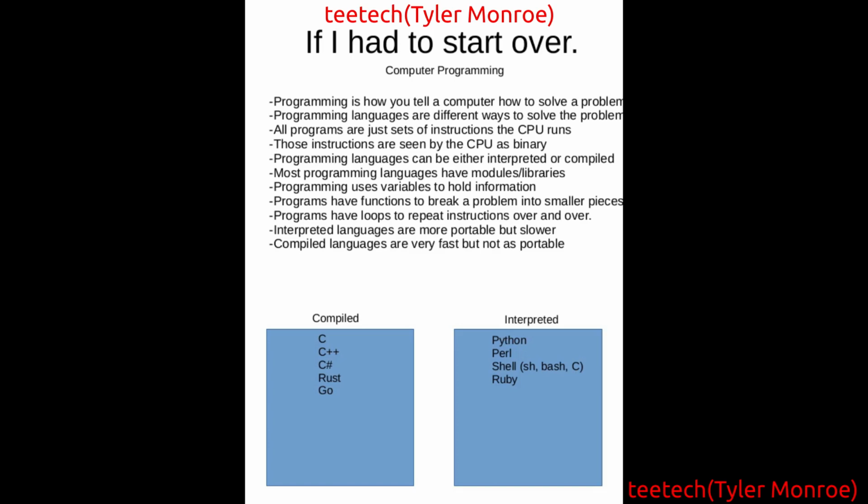But as I said above already, the interpreted languages are more portable but slower. The compiled languages are very fast but not as portable, again because of the CPU architectures. Just down below here, we have examples of compiled languages. That's C, C++, C#, Rust, and Go is another language.